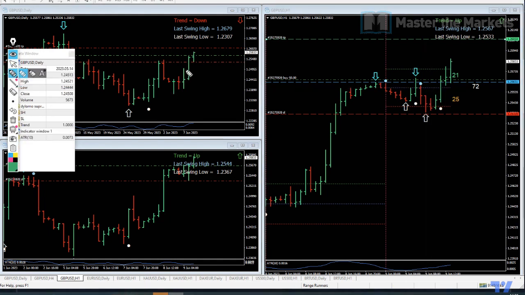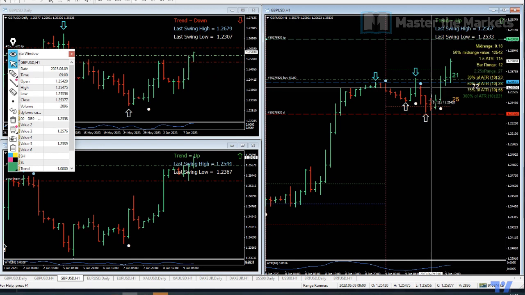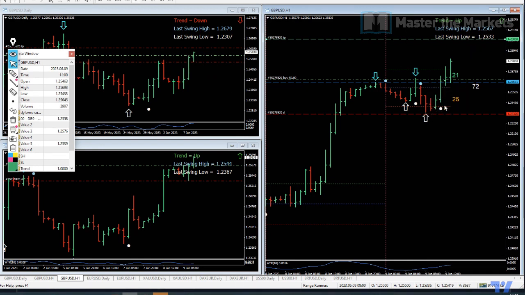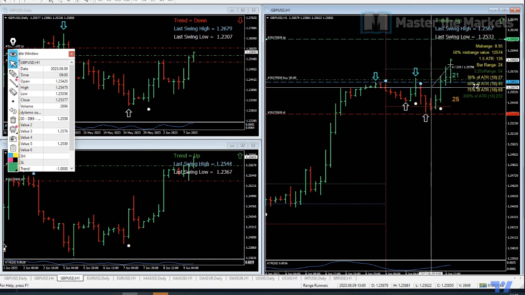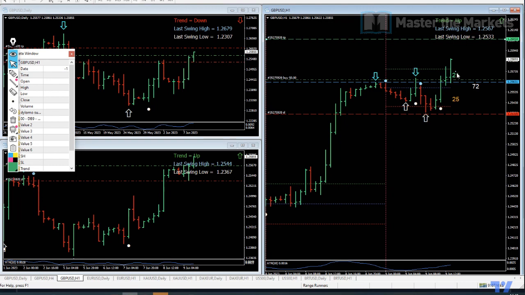The open price correlates to this daily bar, where the left hand side of the OHLC bar is the open price. I'm correlating it here on the open price according to the stretch indicator. From the open price, I look at how much it has moved to the bottom, which I've written here as 25 in orange, and how much it has moved towards the upside. As of now, that has moved towards 28 and is climbing, right?